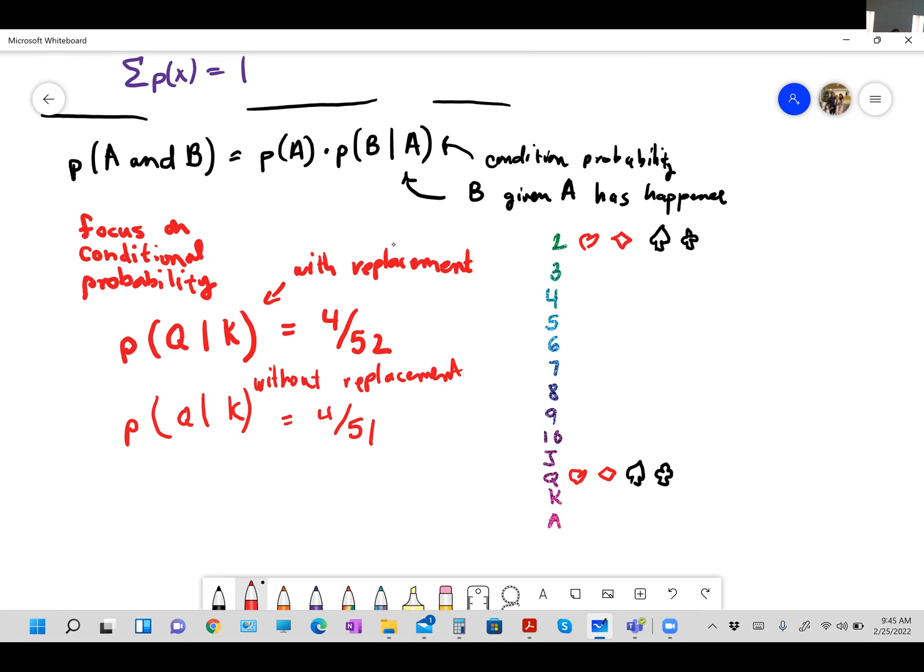However, in the with-replacement case, we say events king and queen are independent. That means king did not have any effect on the probability of queen.